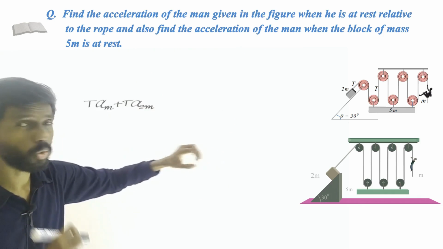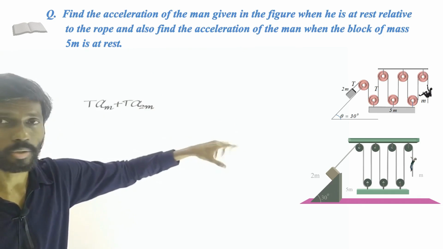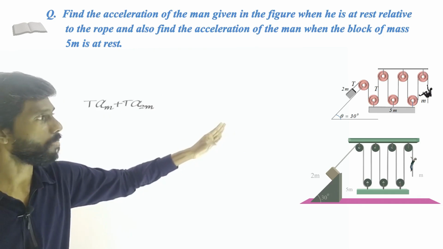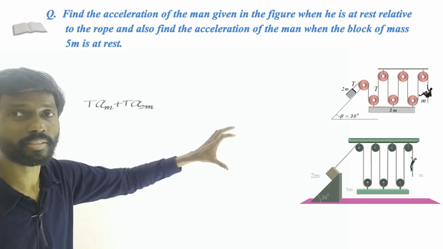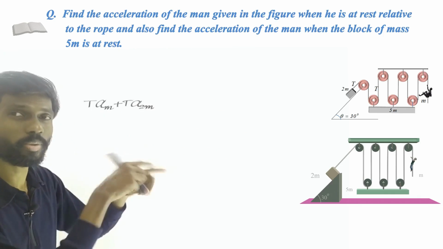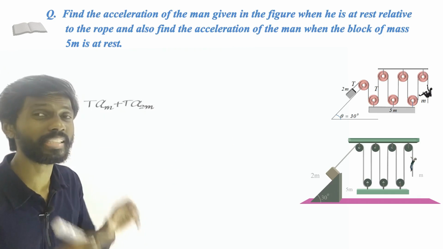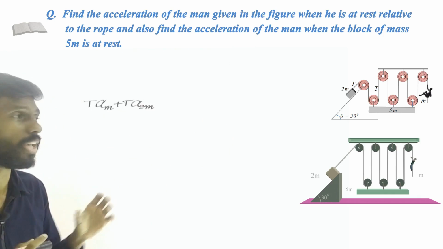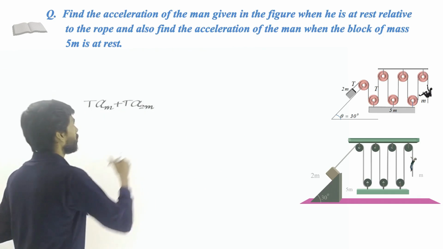But what is the total tension acting on this block? T plus T, 2T at the first pulley; T plus T, 2T again at the second pulley; and T plus T, 2T at the third pulley. So totally 6T. 6T is the total tension force acting on this block of mass 5m, so 6T multiplied by its acceleration.